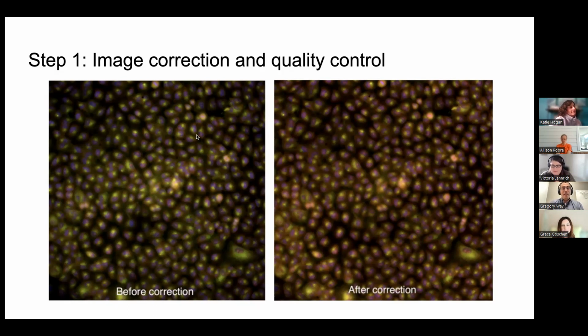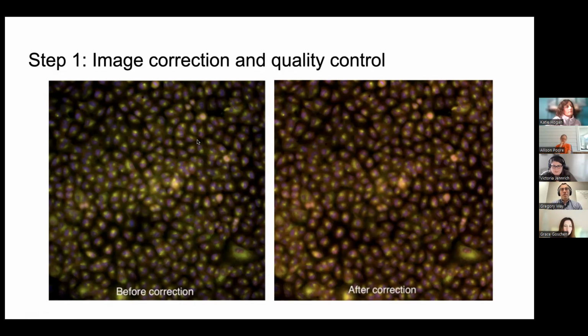So what we're doing is adjusting for this phenomenon called vignetting. In a microscope, you take a picture, and it turns out that the illumination along the edge is darker than the center. The light shines in the middle, and it diffuses towards the edge, and you don't get as bright edges.